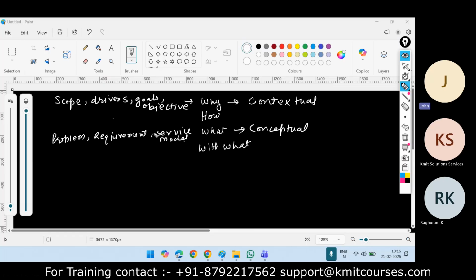And what are the key requirements to support that? Then other things can be which business functions are going to use it, right? And what services are we planning to integrate with these capabilities? Excellent. So it will be the business services, maybe application services, and the technology services. So these are examples of the conceptual when you are understanding the problem.